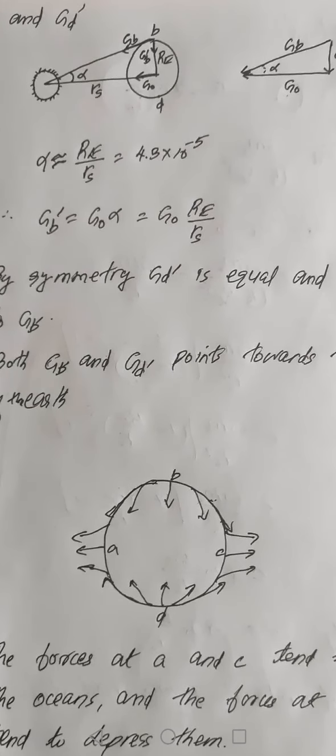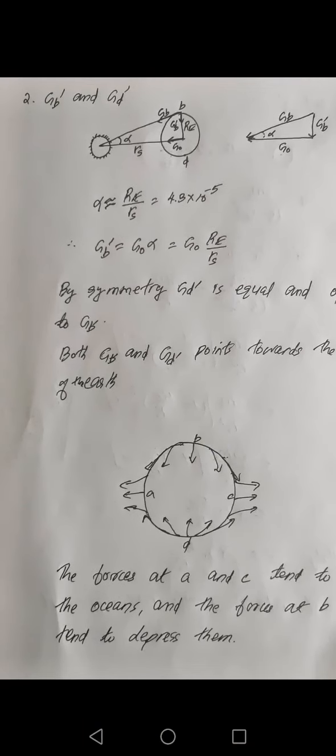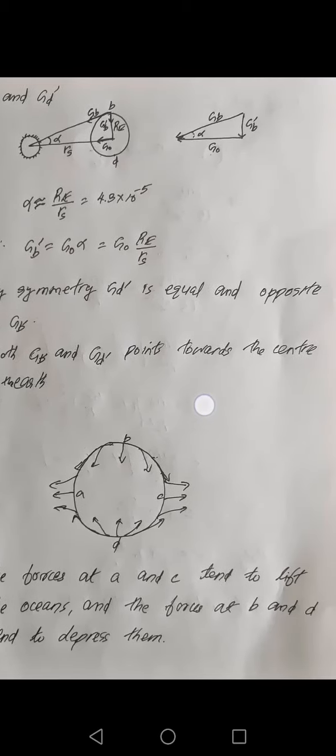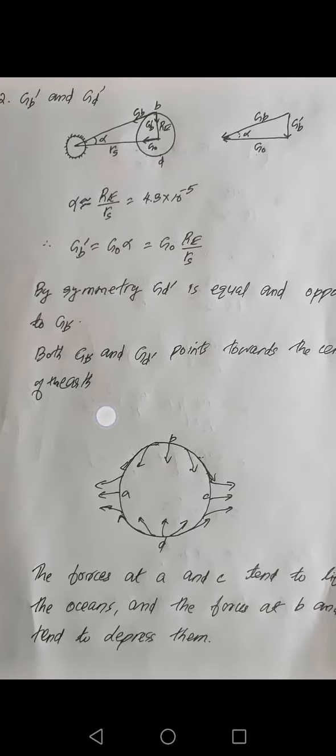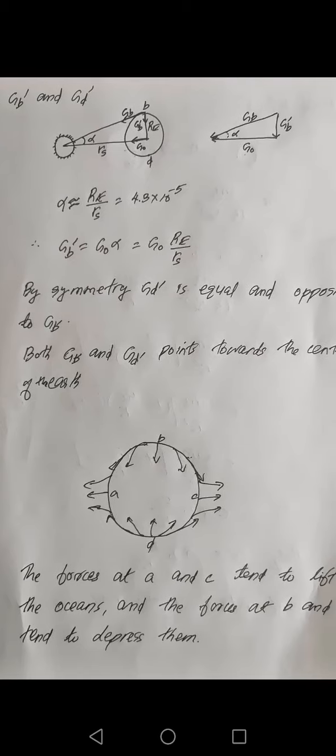Similarly, you can calculate GD prime. But you don't need to calculate anything, because by symmetry GB prime will be equal to GD prime and just opposite to GB prime.